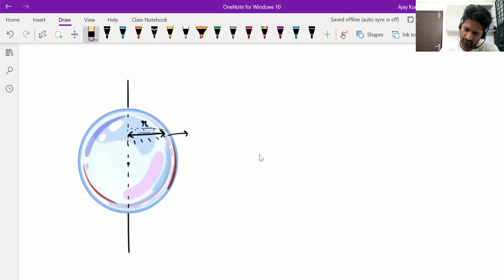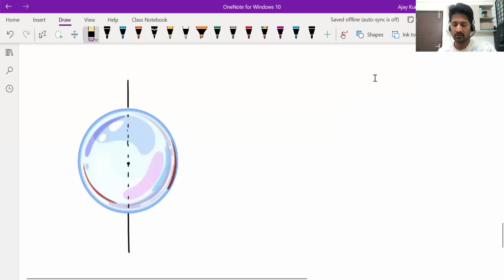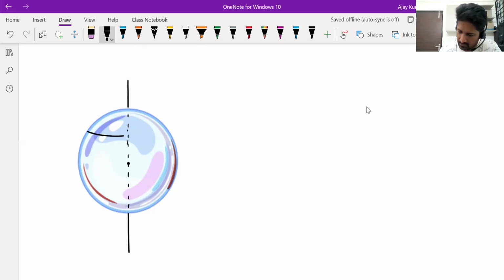In case of hollow spheres or semicircular ring also. Okay, that's why I said it is important to revise those derivations in center of mass.